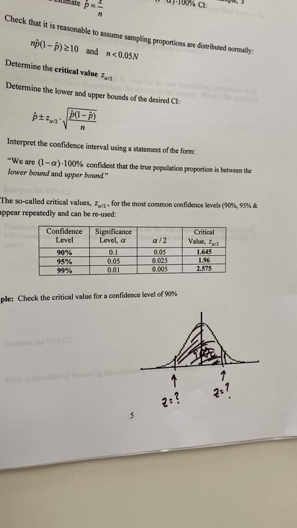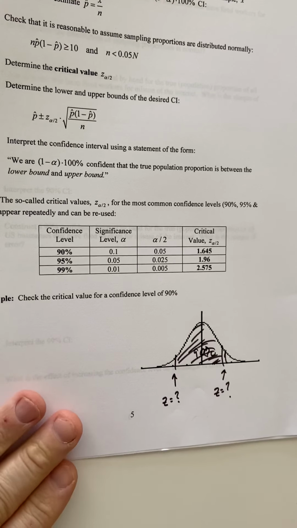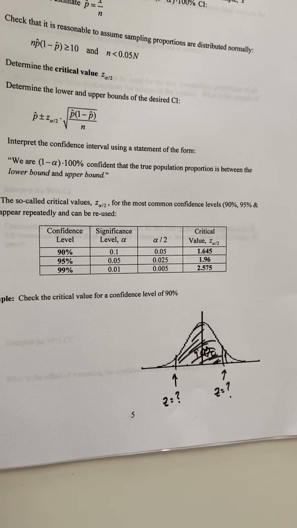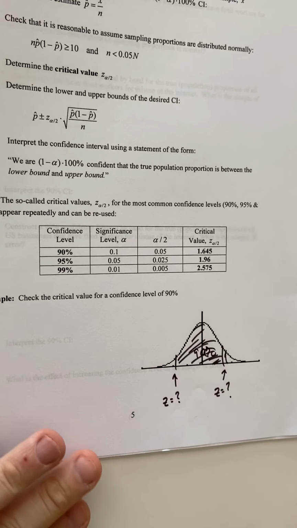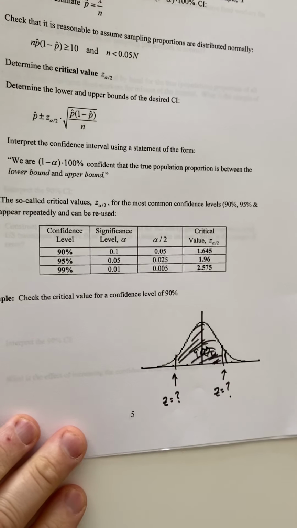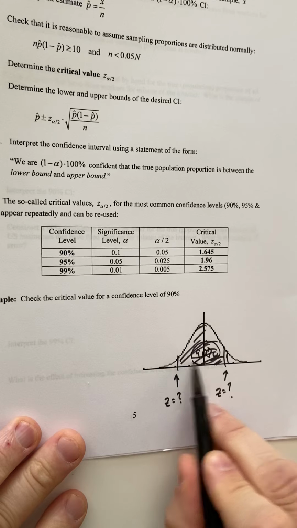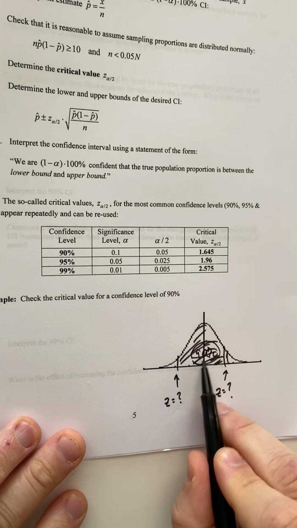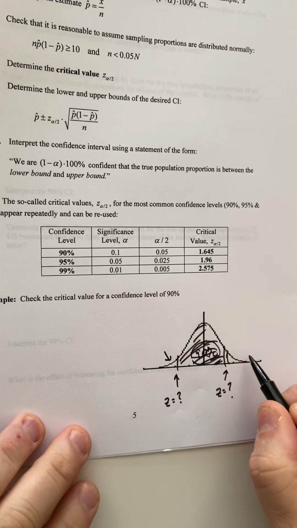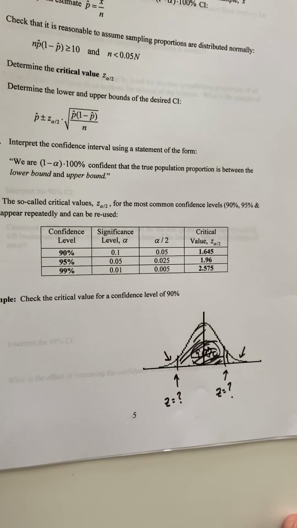90%, 95%, 99% are some super popular ones. If the data is normally distributed, we are looking for those specific confidence levels. So if 90% of the area is on either side of this mean, what's left over for that little section and that little section? 10% of the area.